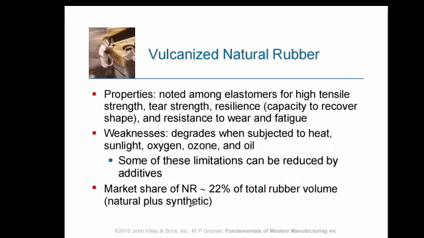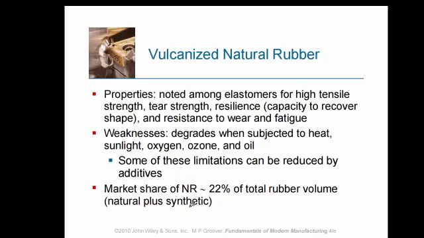And properties of natural rubber include high tensile strength, high tear strength, and resilience or capability to recover shape, and they are resistant to wear and fatigue. The weaknesses of natural rubber are that it degrades when heat or when sunlight, oxygen, ozone, or oil is added, they also degrade.